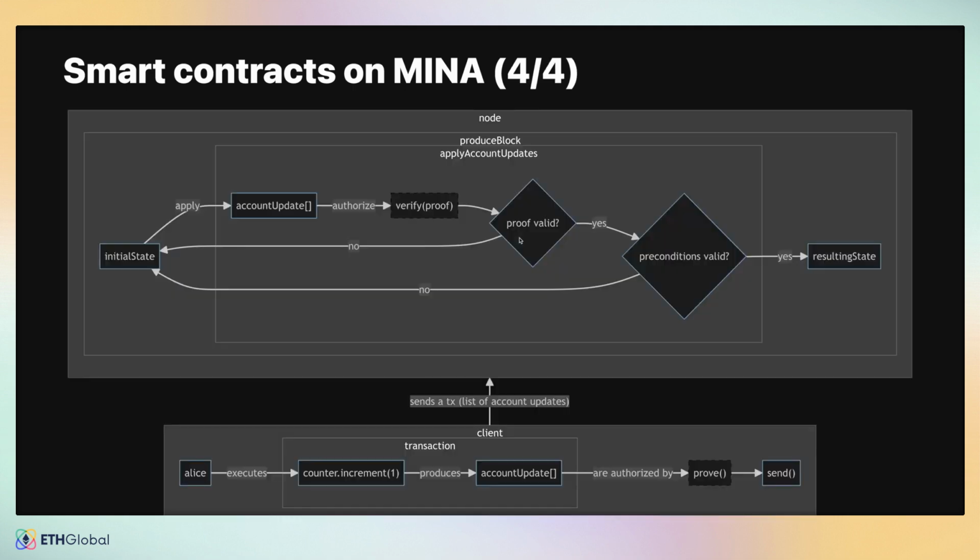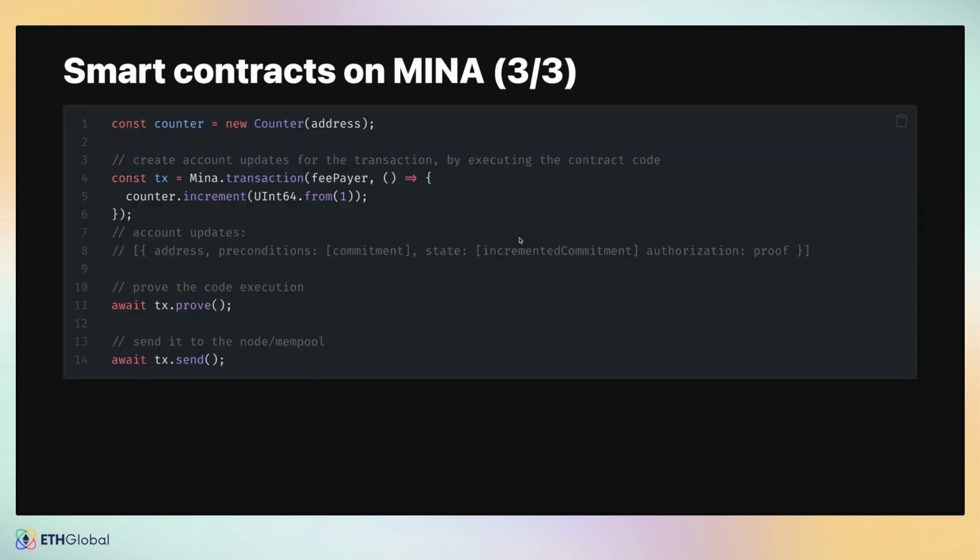So let's see how we would run this smart contract. You would just create a new instance pointing to an address of the deployed contract. Then you would do a Mina transaction by calling counter.increment with the number. One parameter is missing here, doesn't matter. And this call would then create a series of account updates, as we have discussed before. And this will be authorized by a proof. We'll create a state update that will change the commitment to the incremented commitment.